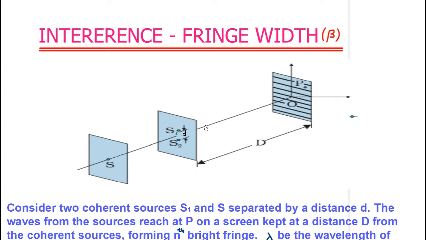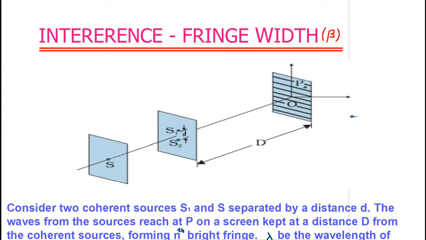These waves are allowed to fall on a screen which is placed at a distance capital D. The waves superimpose and interference fringes are produced on the screen.